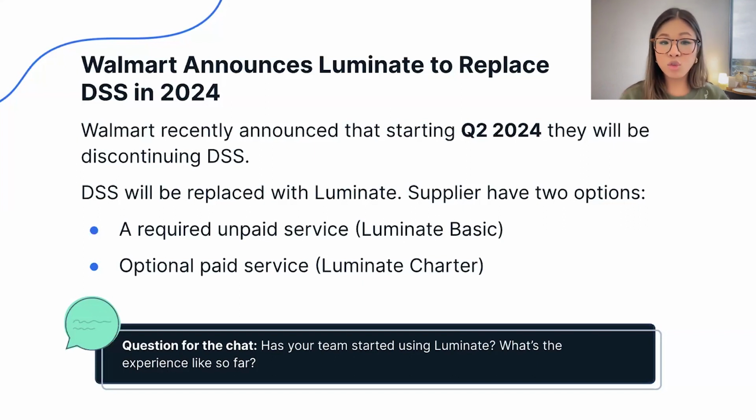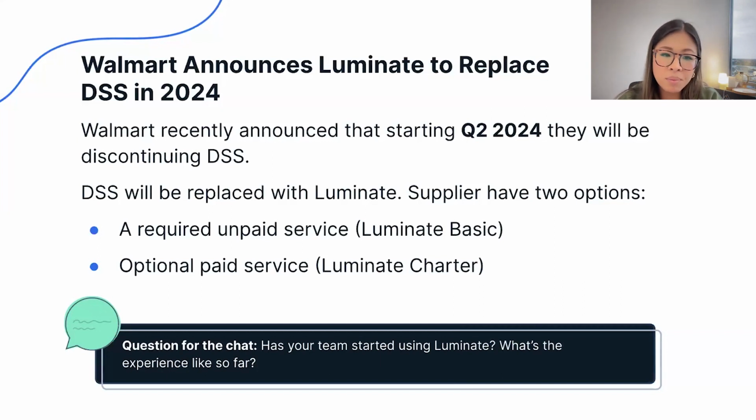So suppliers are going to have two options, and we're going to cover the differences between the two from what we have seen so far. Basically, it's a required unpaid service, so it's a one-to-one swap for DSS to Luminate Basic. This is completely free, but there are a lot of limitations around data, which we'll cover in a second.